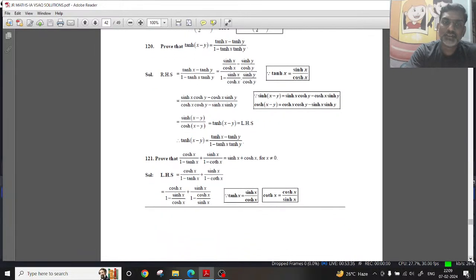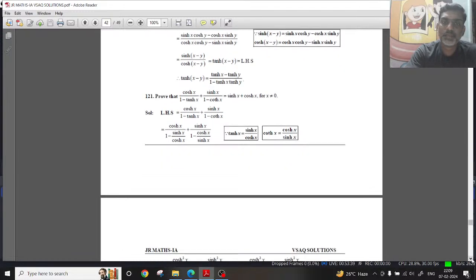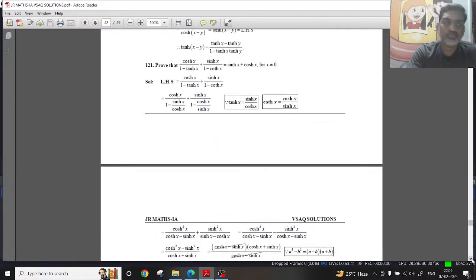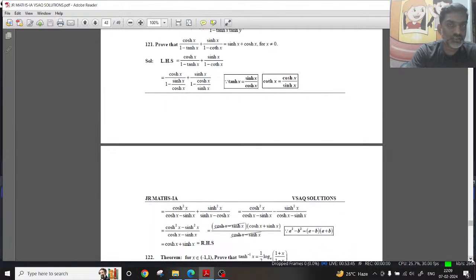Next, question number 121. So what is question number 121? Cos hx divided by 1 minus tan hx plus sin hx divided by 1 minus cot hx, which is equals to sin hx plus cos hx. This model question is also important.